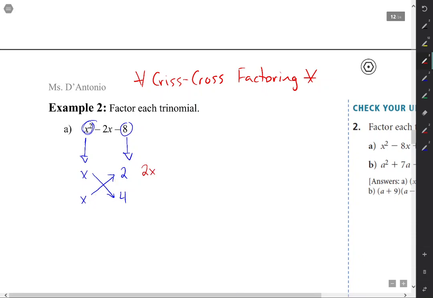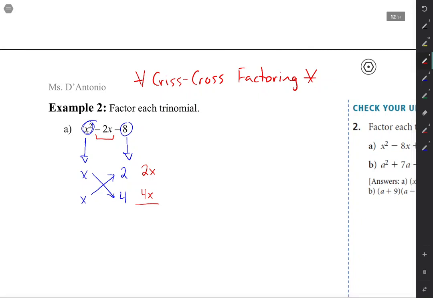And now let's do the same thing along the other cross. We're going to go down here. We're going to do x times 4. So we get 4x. Now with these two terms we have in red over here, we need to decide to either add or subtract them in order for us to get this middle term here.